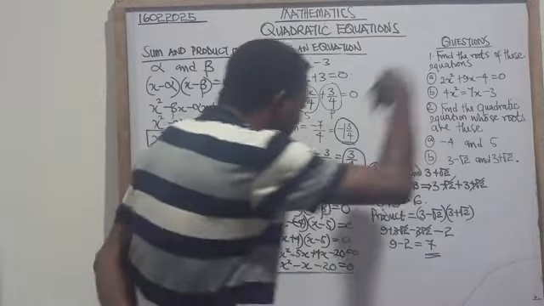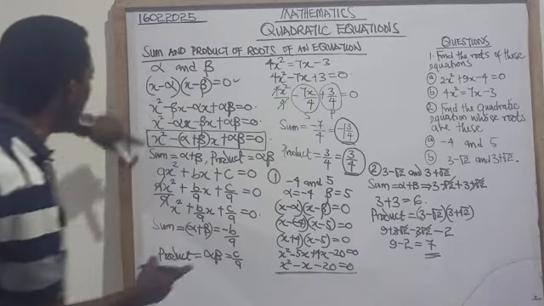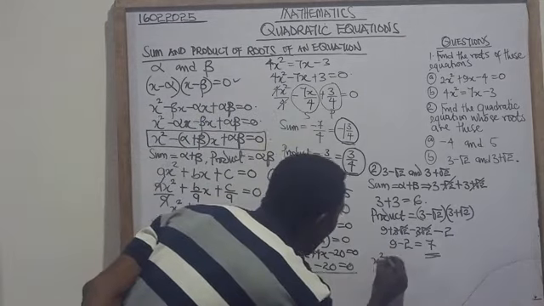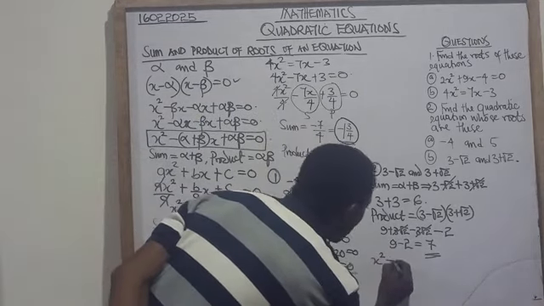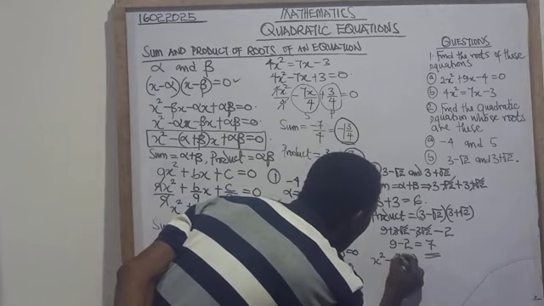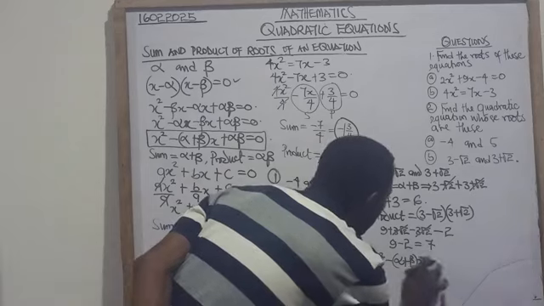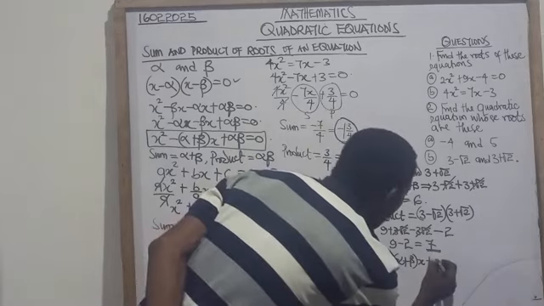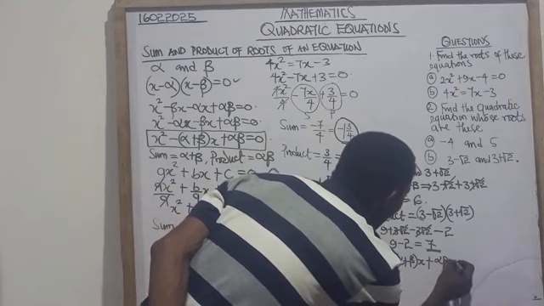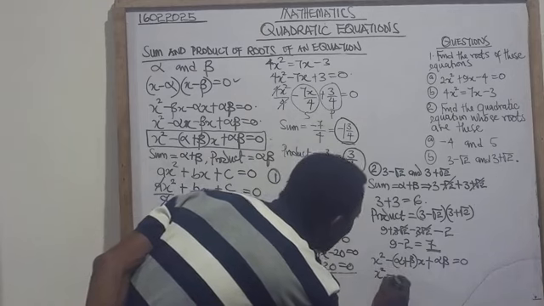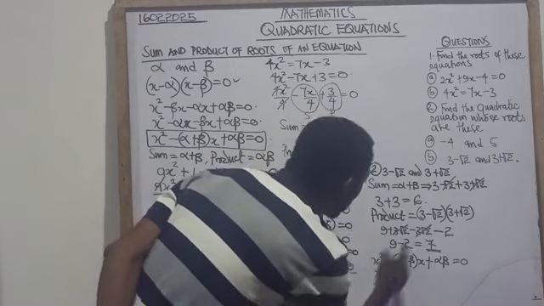Then bringing it down to this equation, we have x squared minus alpha plus beta x, then plus alpha beta equals 0. So that will be x squared minus, what is our sum?